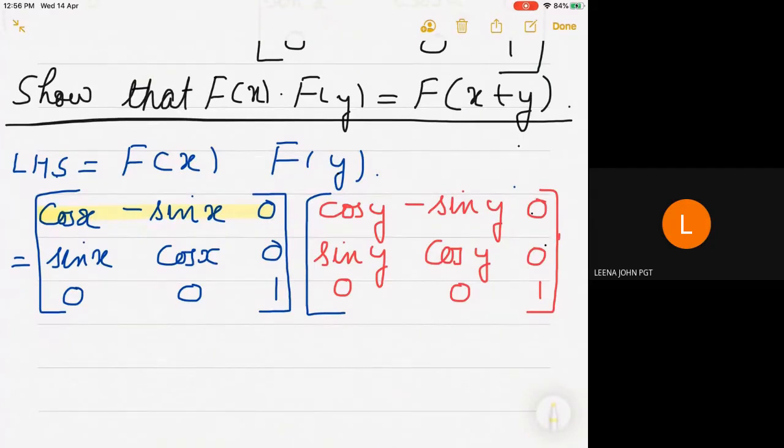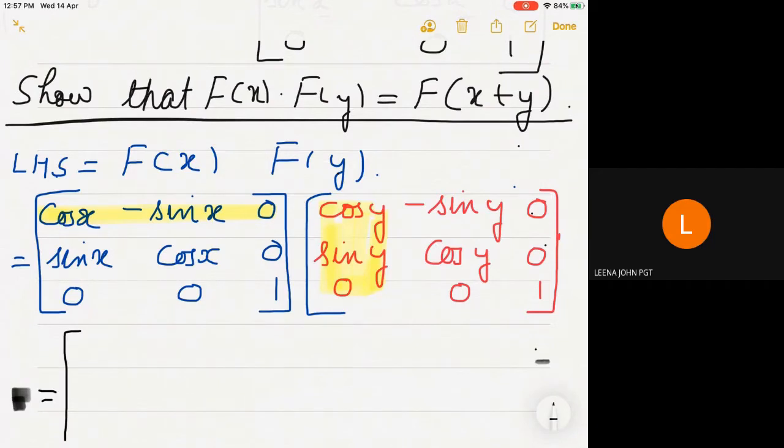So first you take the first row which I have highlighted, and now you have to multiply with the first column here. Now how the multiplication is, children, you recollect? The first row we are going to multiply with the first column.